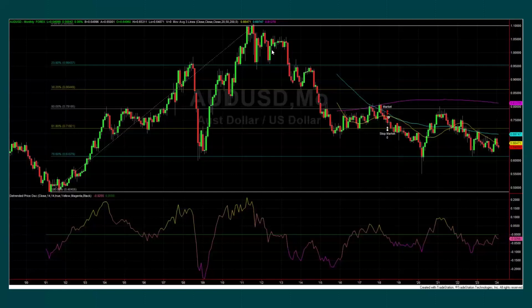And then since 2012, 13, we had much lower movement. Now we broke that. This is our ambush zone again. We went right to that 78.6, came back, hit against that 50%, rejected. So we are in a kind of no man's land.